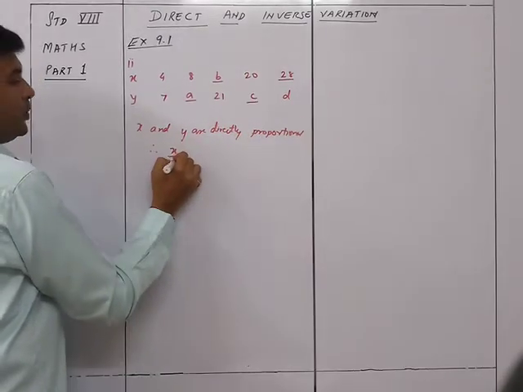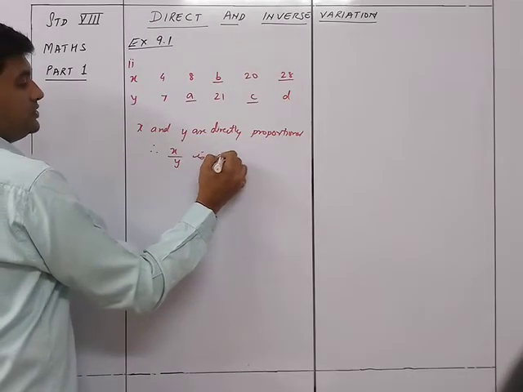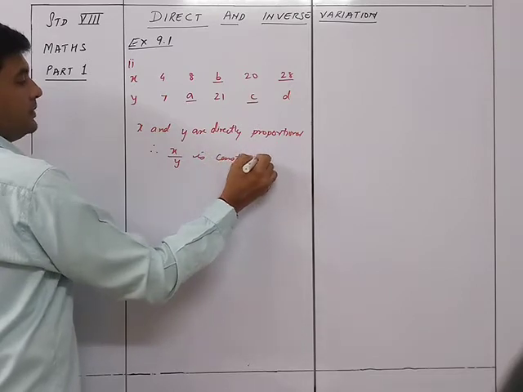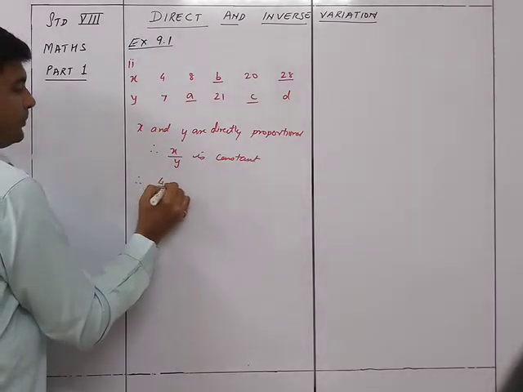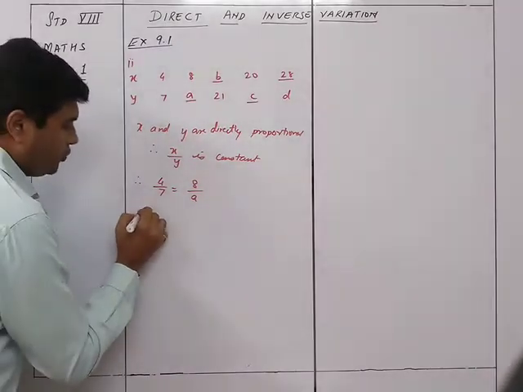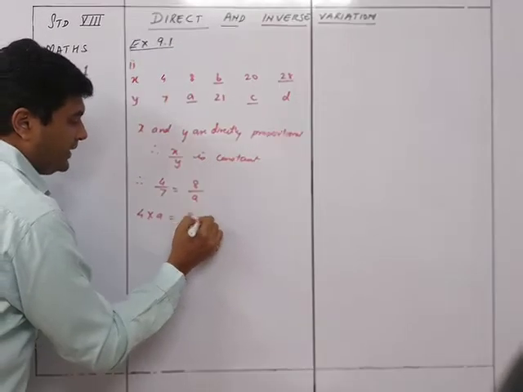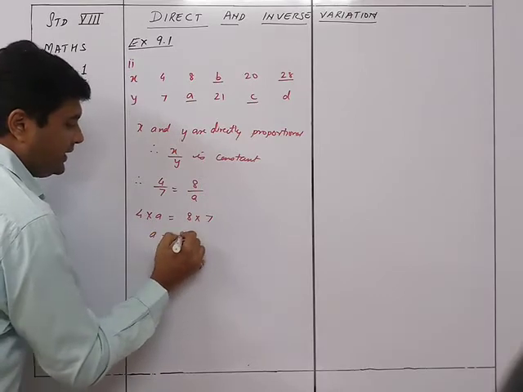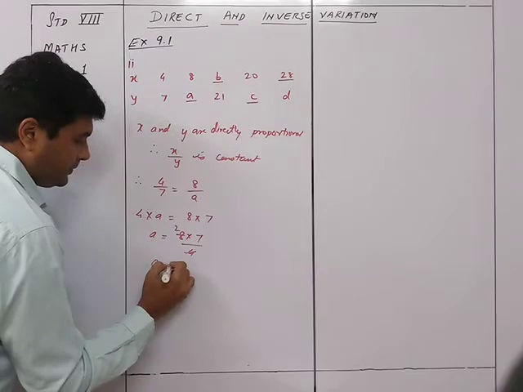Therefore, x upon y is constant. Therefore, 4 upon 7 is equal to 8 upon A. So 4 into A is equal to 8 into 7. A is equal to 14.